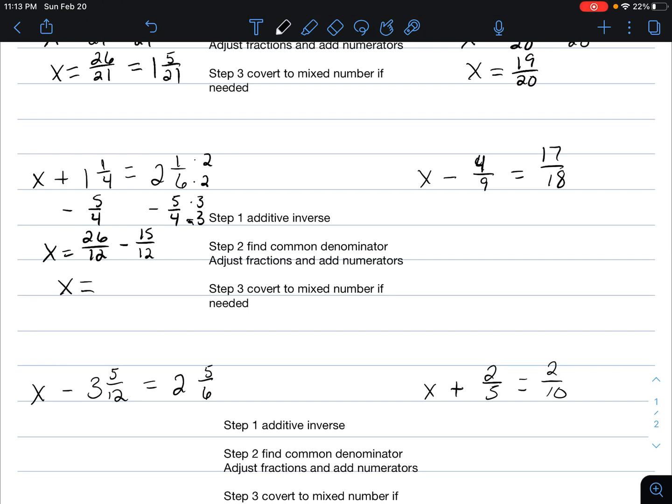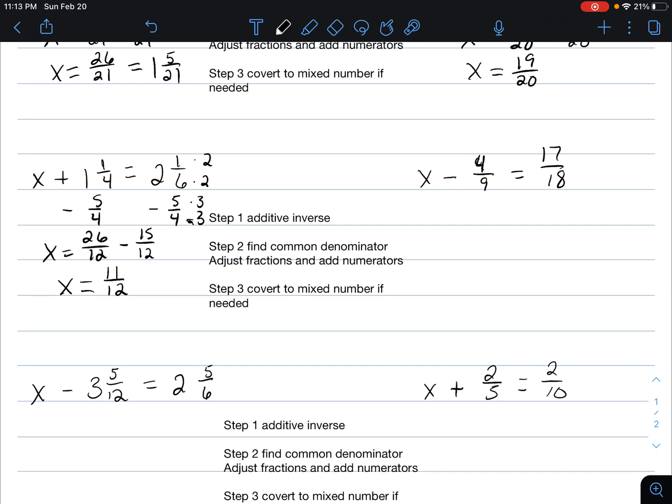So now we have the common denominator. We can subtract the top numbers. 26 minus 15, that's going to give us 11/12. Once again, that is a proper fraction, so we just leave that as our answer.